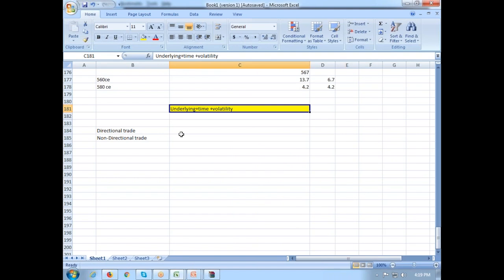Underlying, by underlying I'm saying direction. And directional move is something that you will get from whatever methods you know, either fundamental or technical. I'm not the guru to tell you. Time is, you know, the time passes every day. Volatility is something that we are going to focus a lot in the coming days, and that's our tool to trade.